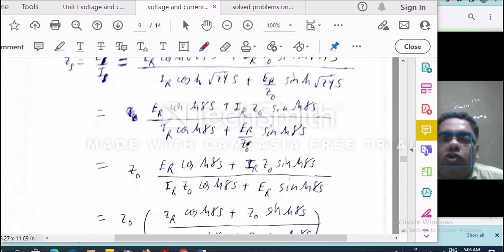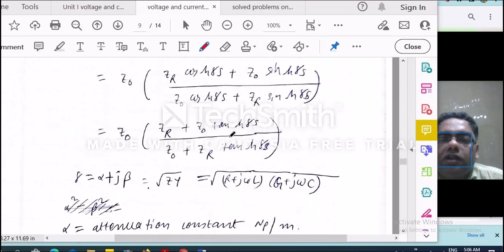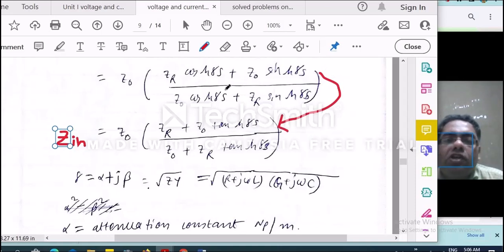Now this cos and sine we can rearrange and write in tan form. Zin is the input impedance, and from this we can easily come to this: you just have to divide by cosh gamma s.